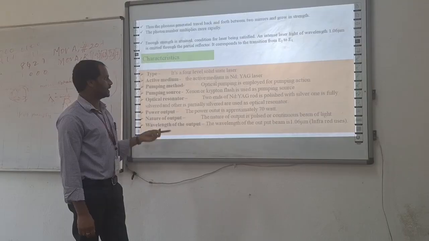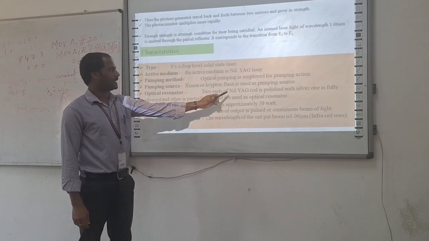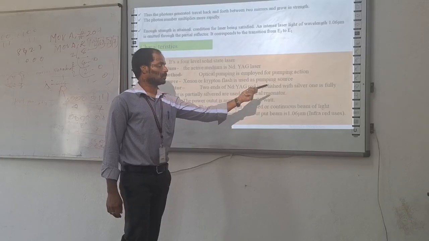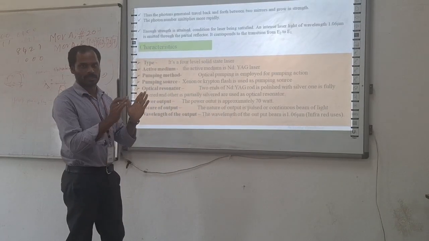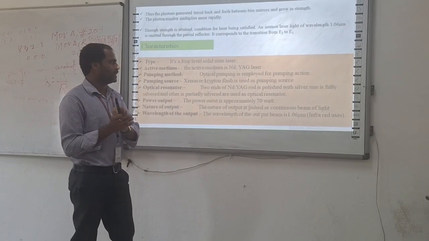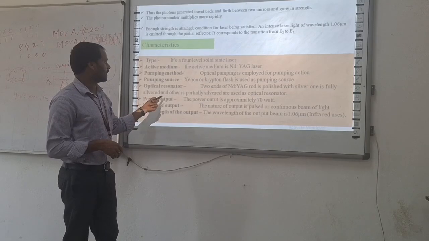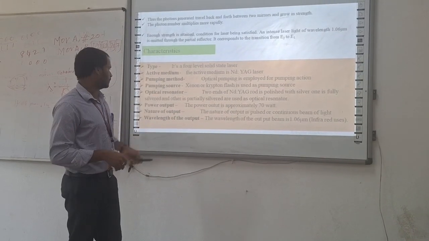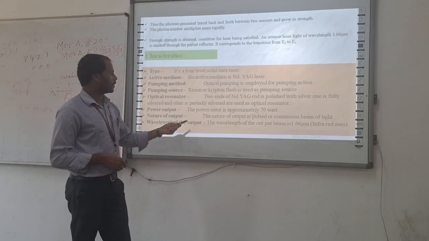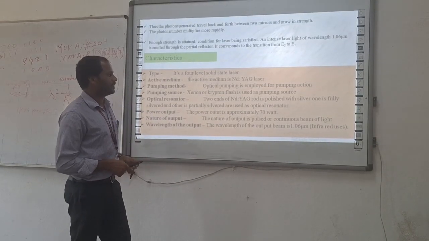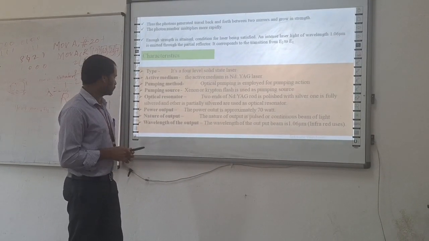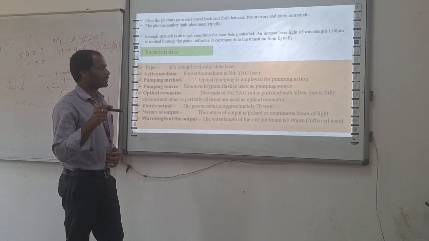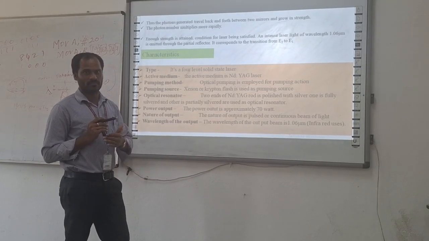The optical resonator: the two ends of the Nd:YAG laser rod are polished. One is partially coated and the other is fully coated mirror, as discussed in the construction diagram. Power output: approximately 70 watts. Nature of output: a pulsed or continuous beam of light from the laser.